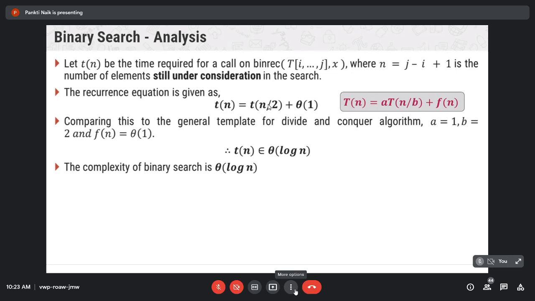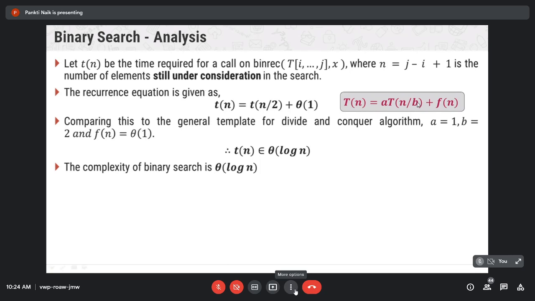If the key value is equal to the middle element, then the time required to search the element is theta 1, right? Now, if the middle element is not equal to the key element, then we have to search into either the right sublist or the left sublist. To search into either the right sublist or the left sublist, the time required is T(n) divided by 2, right?